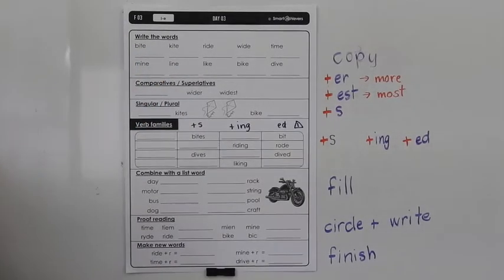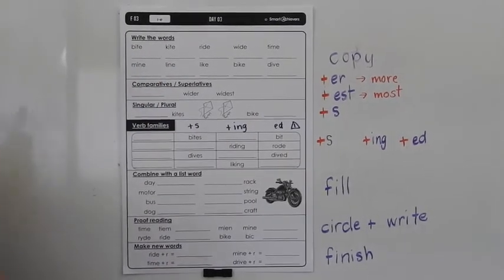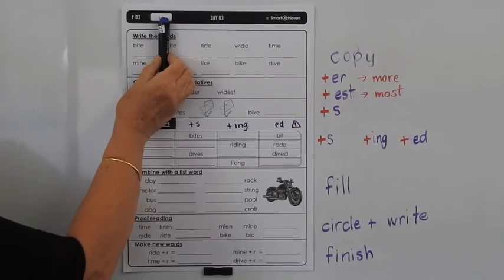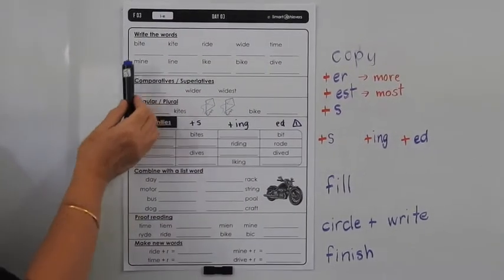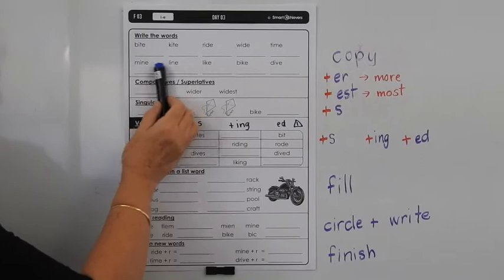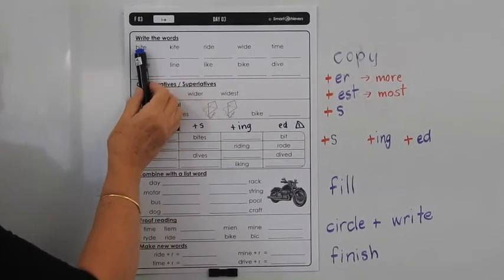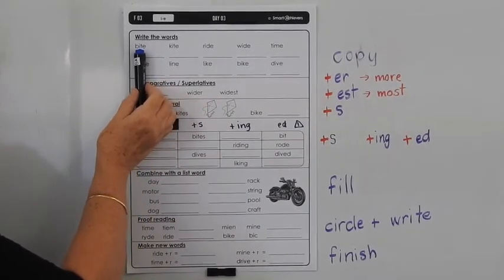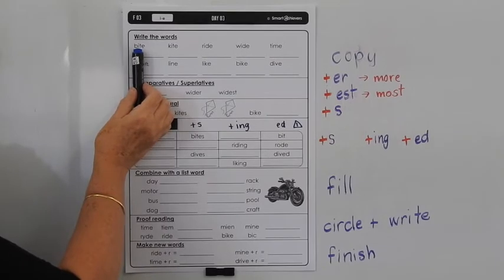This is F3, day 3, and we're revising that the E at the end of a word may make the previous vowel long. In all of these words we've got the letter I, which is making its name sound, its long sound.